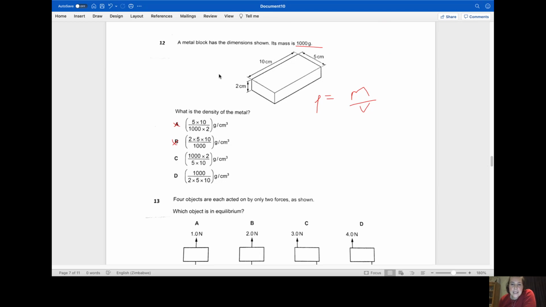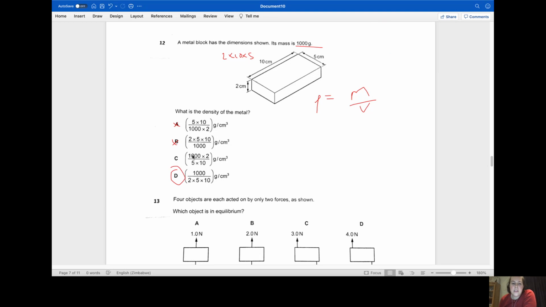The mass is 1,000. The volume is 2 times 10 times 5. That's how you work out volume: length, width, height. So it's 1,000 divided by 2 times 5 times 10. Your answer is D.